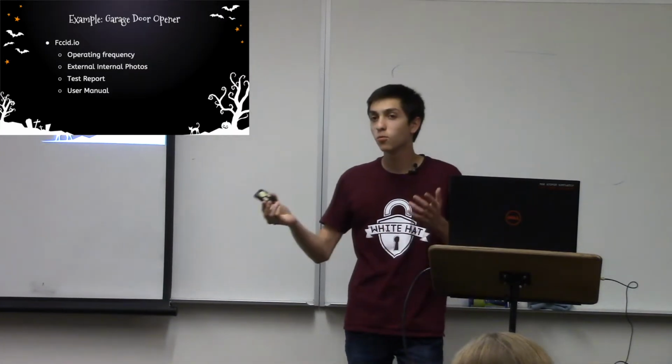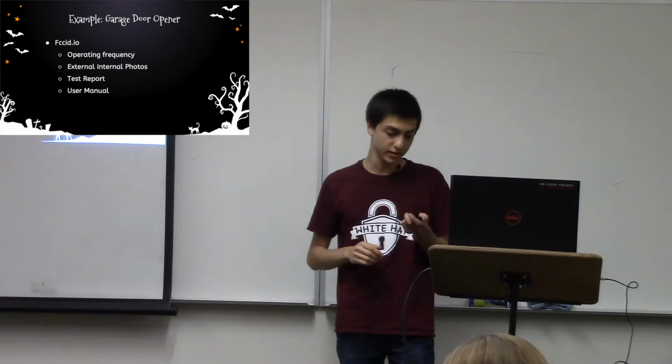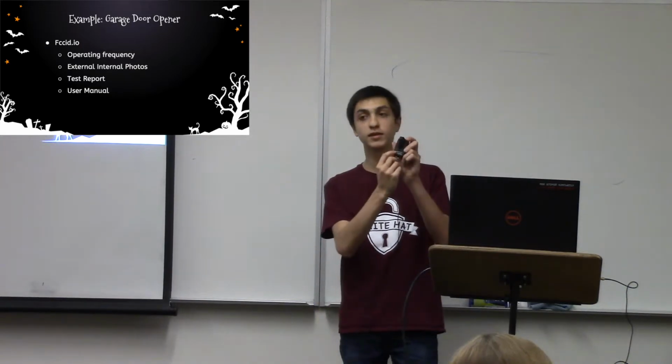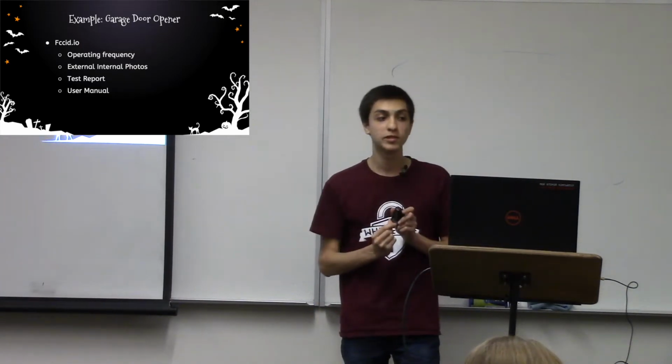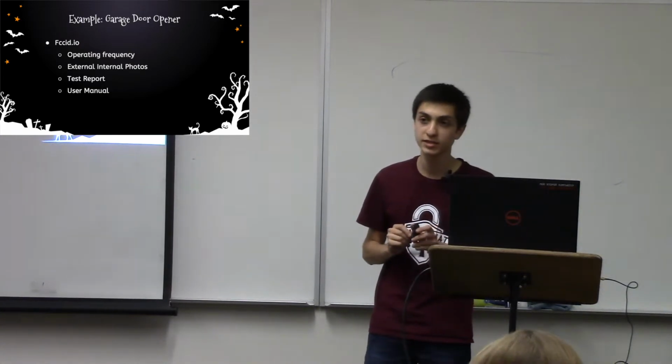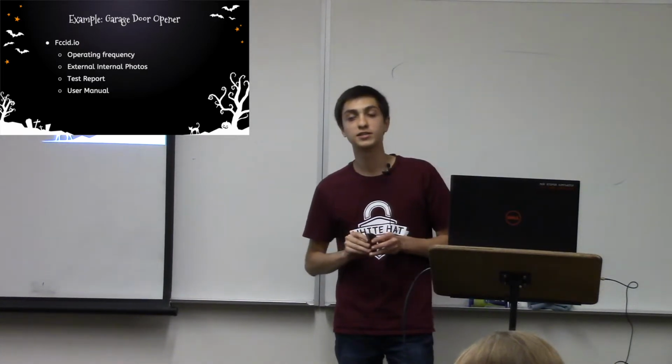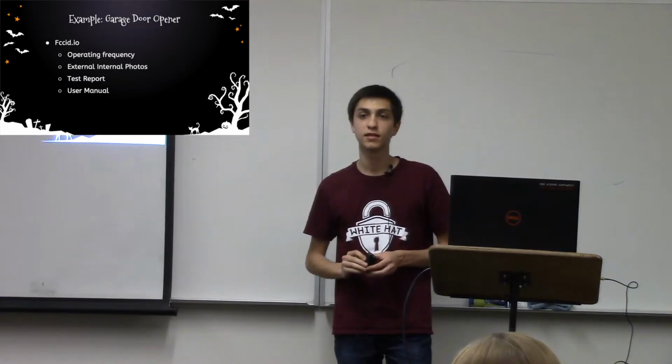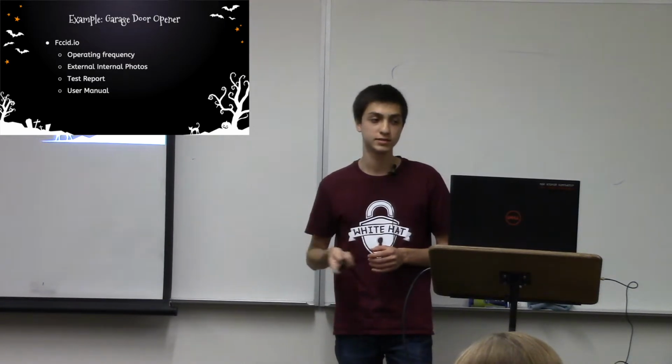So, what kind of information is on here? Upon looking at it, there's a thing called an FCC ID. The FCC is the Federal Communications Commission, and they basically manage all radio waves in any product in the US.